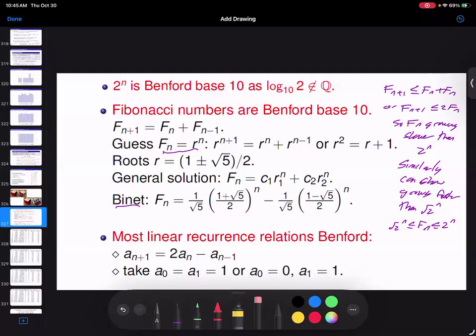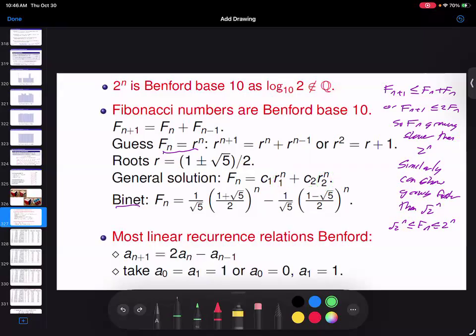And then as a nice exercise, show if r1 to the n satisfies the recurrence relation, I can multiply by c1 and it still satisfies. And similarly, if r2 to the n satisfies the recurrence relation, I can multiply by c2 and it still satisfies. And because the relationship is linear, I can add two of these and there'll still be a solution.